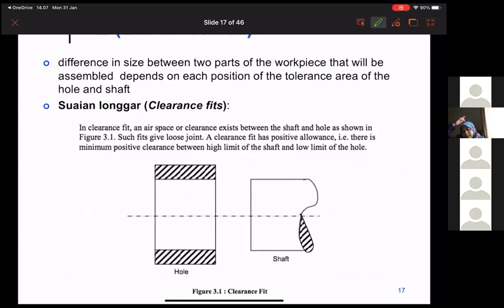Here is also an example of the clearance fit, kesesuaian longgar. So you can have some idea here. This is the length of the hole, so from here to here is the hole.